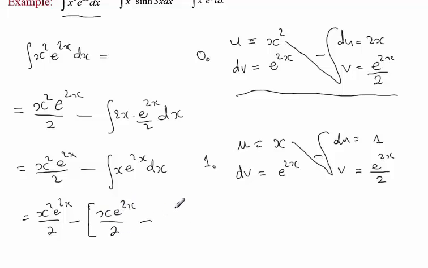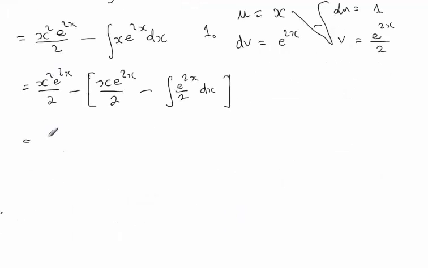Minus, now the minus of the formula from the beginning, the integral of what I'm multiplying by 1. A times 1 is just a, isn't it? So it's just a question of picking this and putting an integral sign: e^2x over 2 dx. All together. Next step, copy this, remove the brackets, then plus the integral of half e^2x dx.